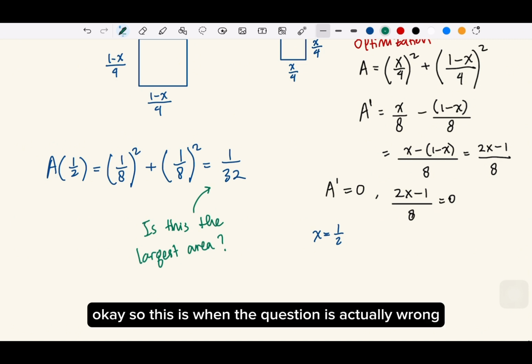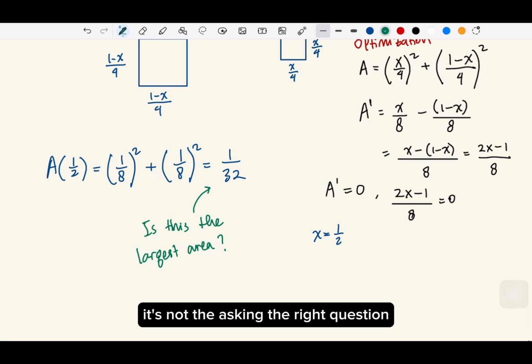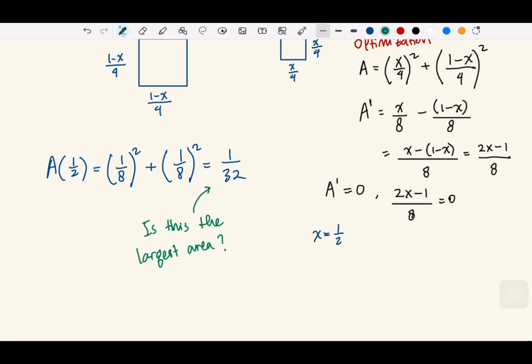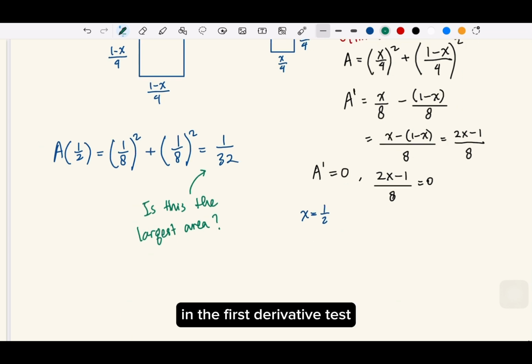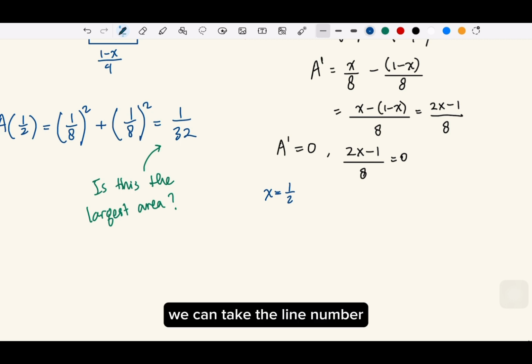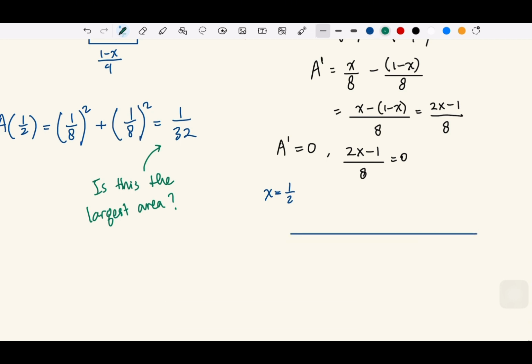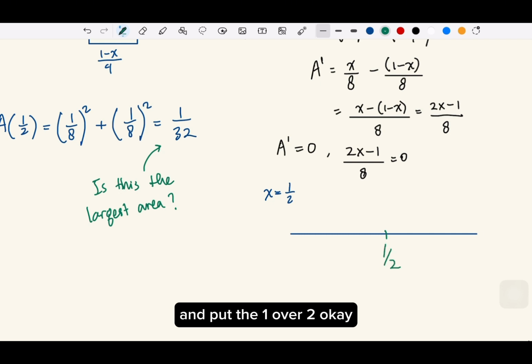Okay, so this is when the question is actually wrong. It's not asking the right question. Actually, if you remember what we did in sketching the curve, in the first derivative test, we can take the number line and put the 1 over 2.